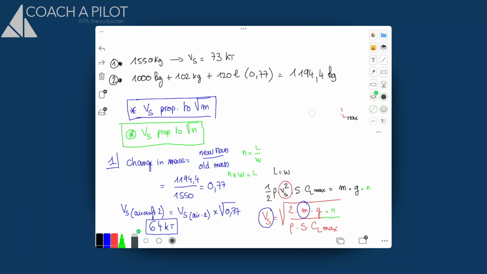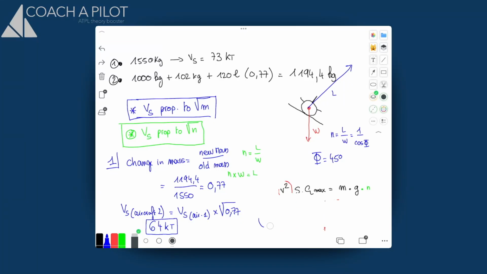Then the question says that the second aircraft banks at 45 degrees, so we have to calculate the load factor. This is an aircraft in a bank angle, with the weight and the lift. The load factor is equal to lift over weight, and in a turn it is equal to 1 over the cosine of the bank angle.